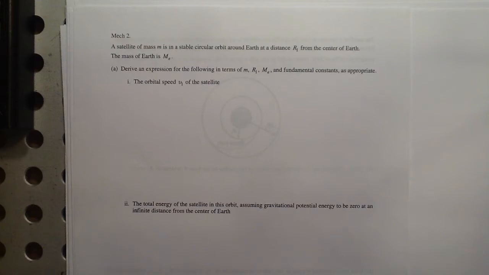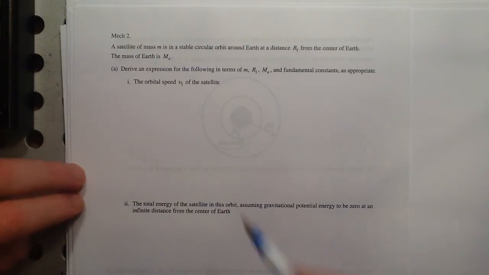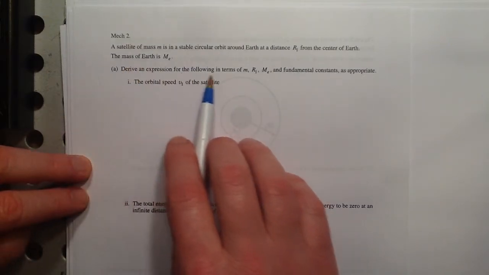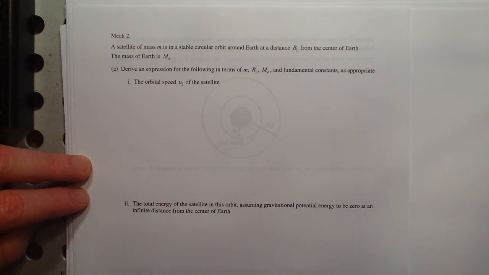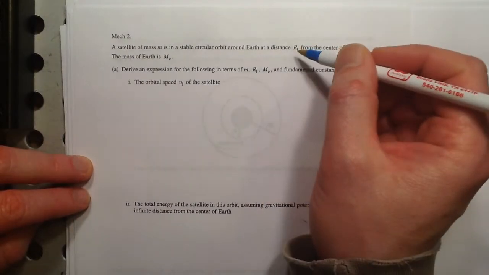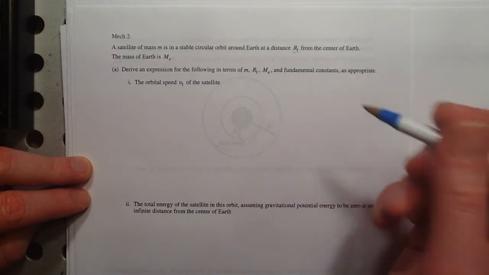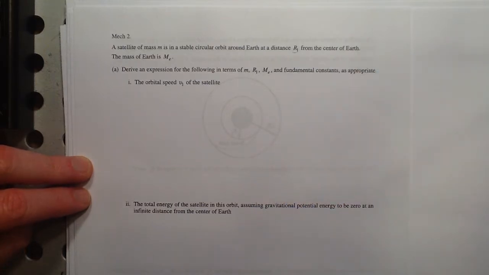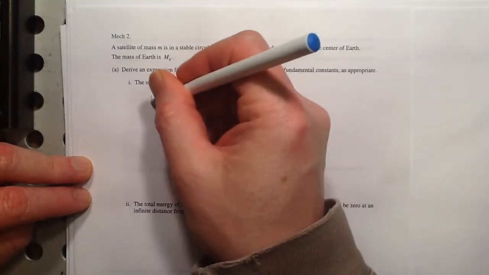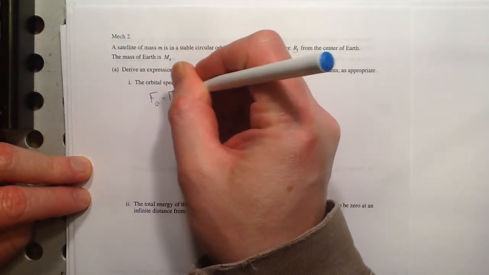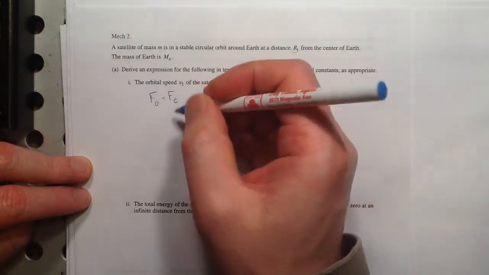I think we can, because the first couple parts are super similar, almost identical in fact, to stuff that we just did. Derive an expression for the orbital speed. We have the distance from the center, so I know what it's going to be: the square root of GM over r, but I need to derive that. Same thing, you've got gravitational force equal to centripetal force.